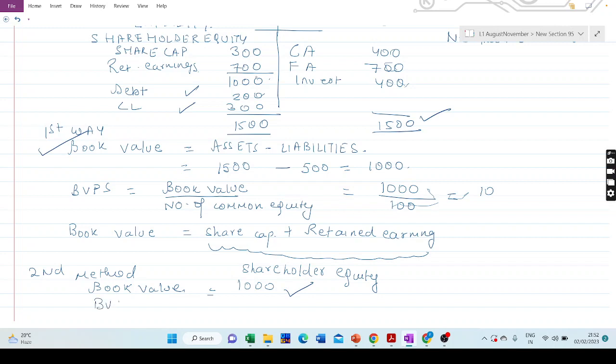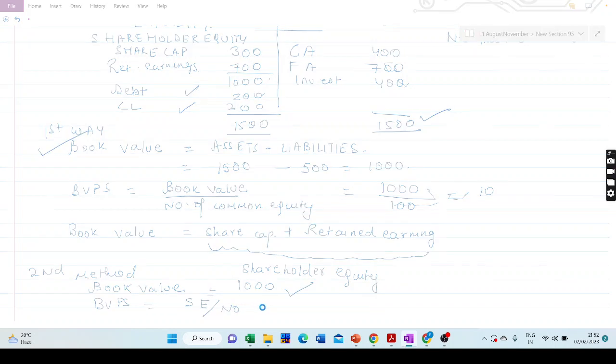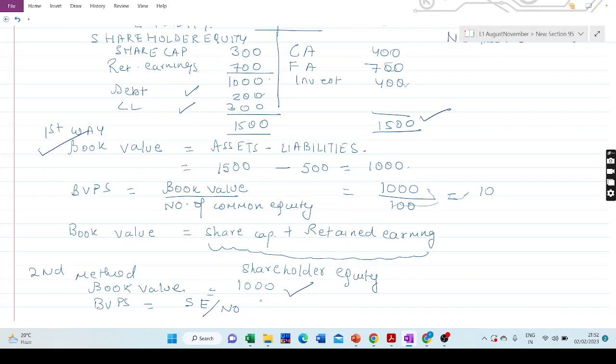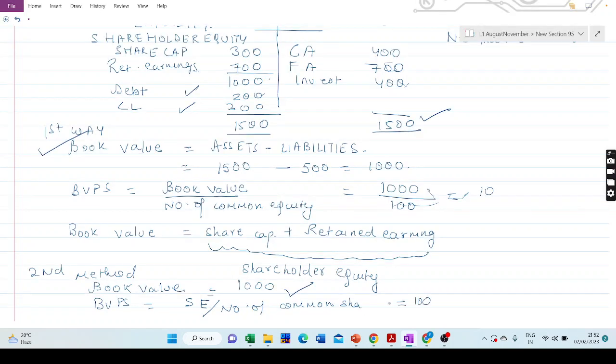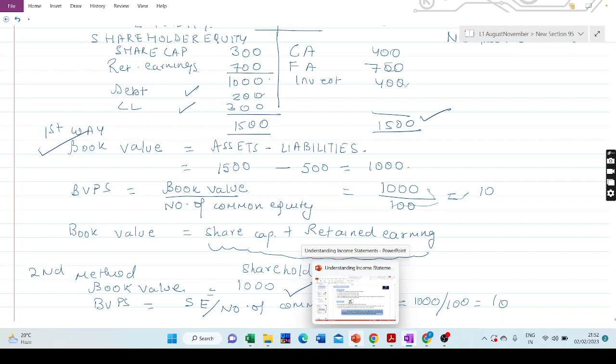And book value per share is naturally shareholders' equity divided by the number of common shares outstanding. Your shareholder equity is 1000 and number of shares outstanding is 100, so your book value per share is 10.